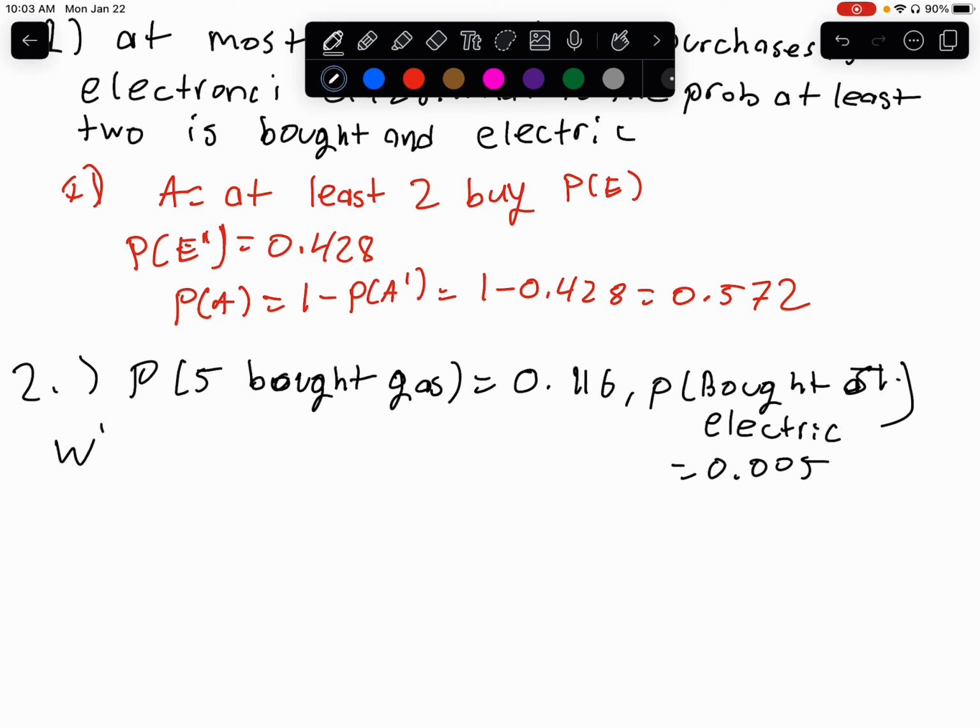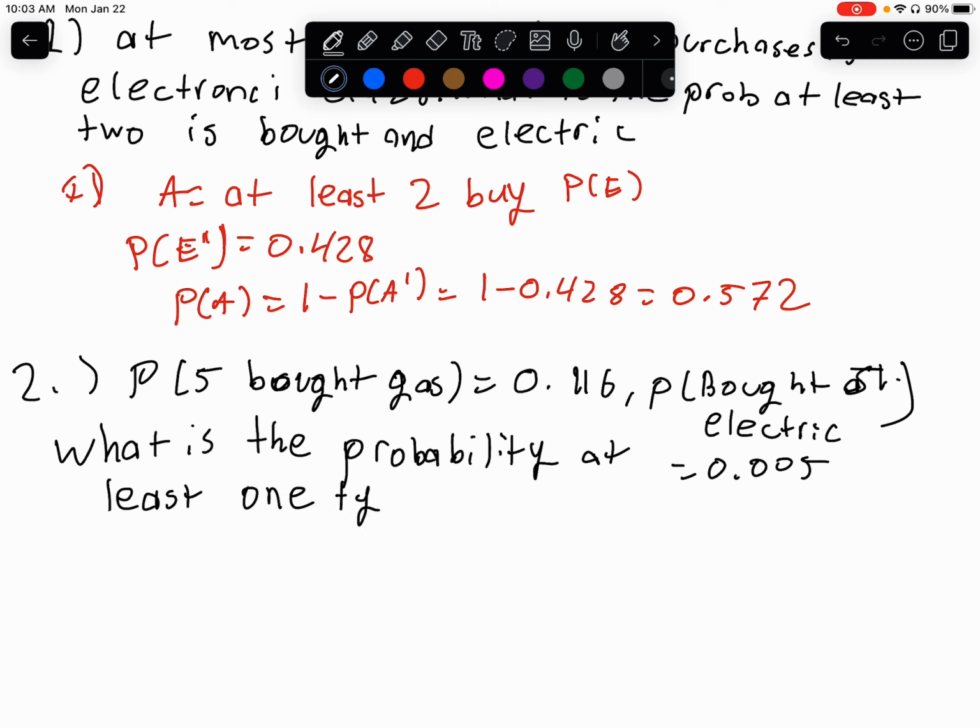The question is, what is the probability that at least one type is bought?